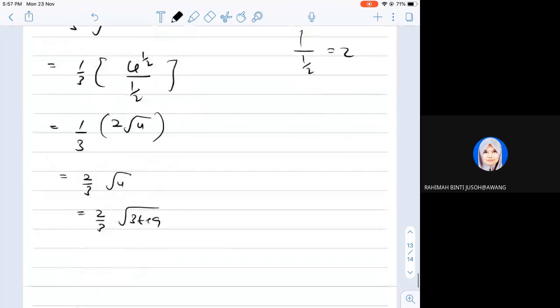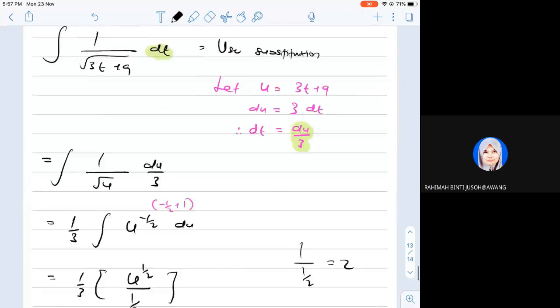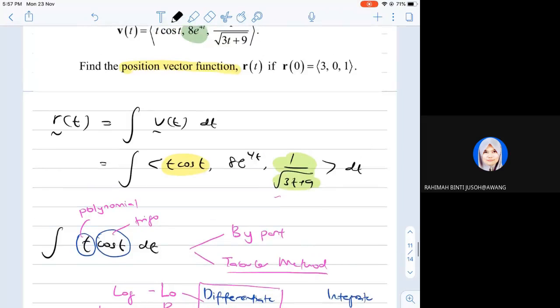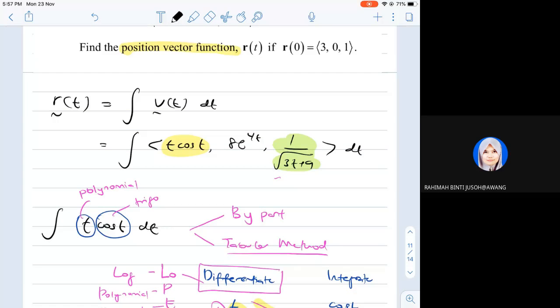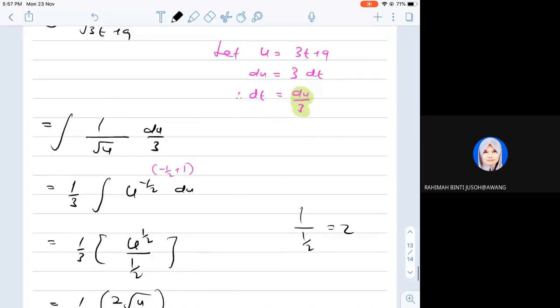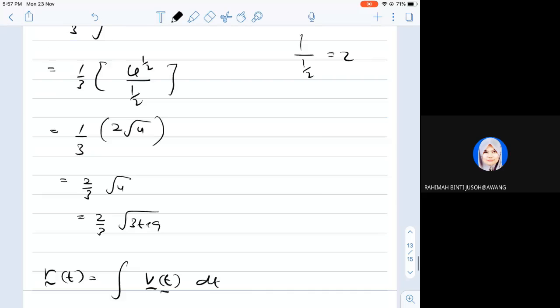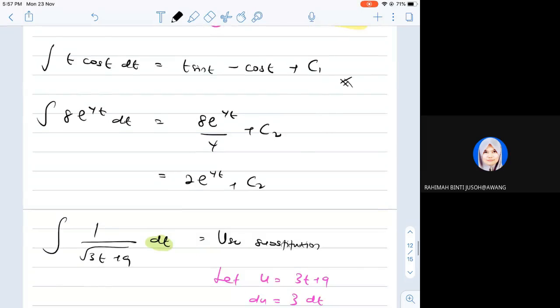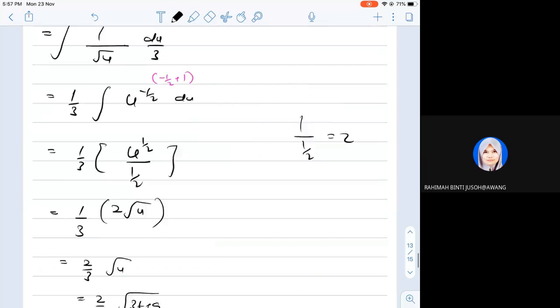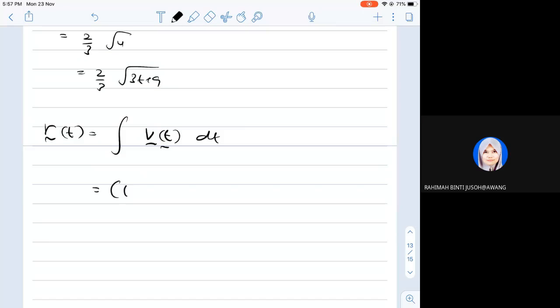Okay, this is the third component. Now combine them. Our r(t) is the integration of v(t) dt. The first component is t sin t minus cos t plus C1 i.